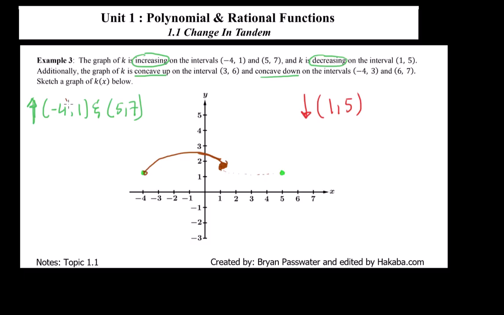So now we did that, and at the same time this. Where are we moving now? From 1 to 5 is decreasing, and at the same time it is concave up from 3 to 6, decreasing and concave up.